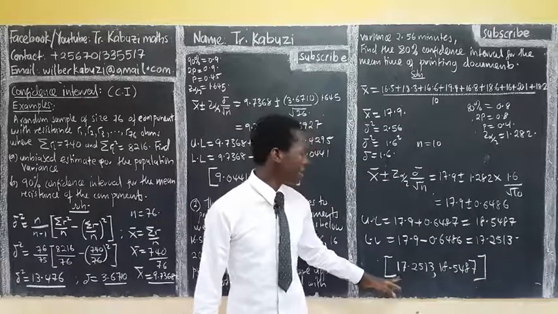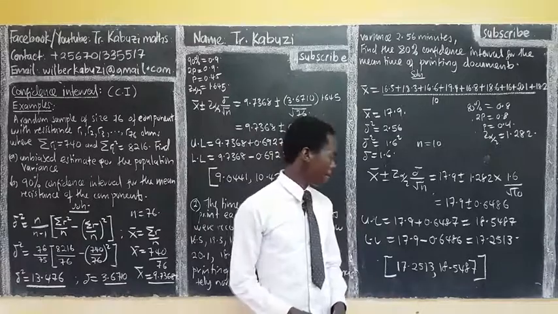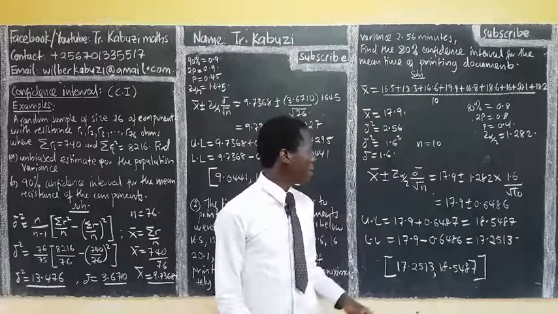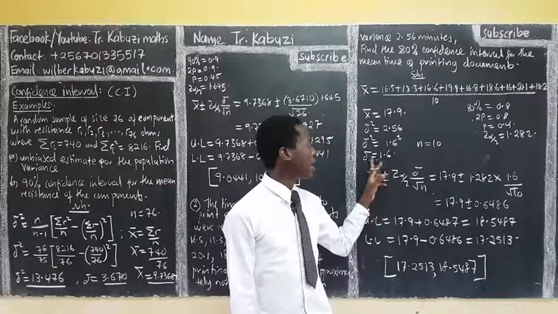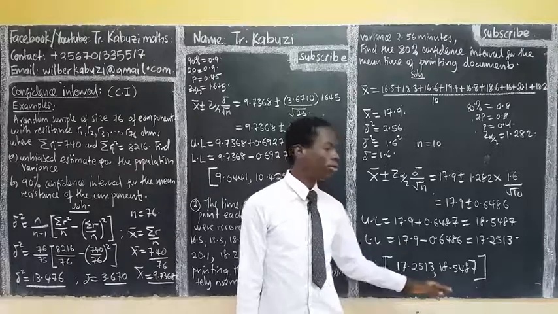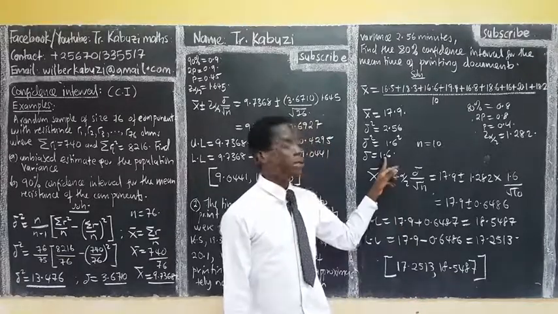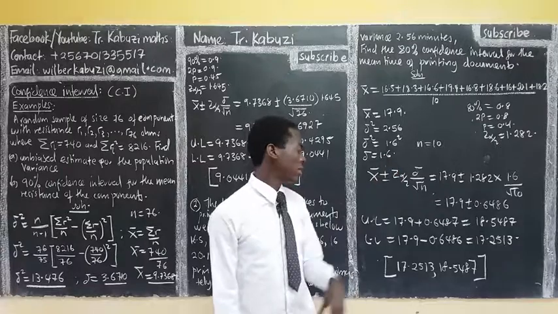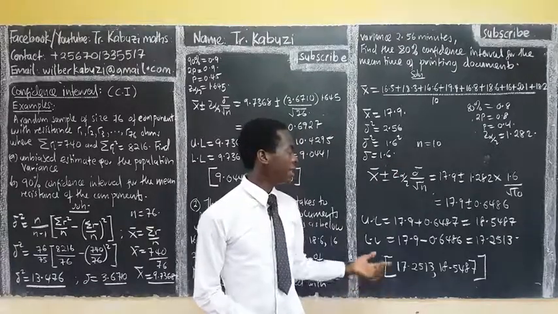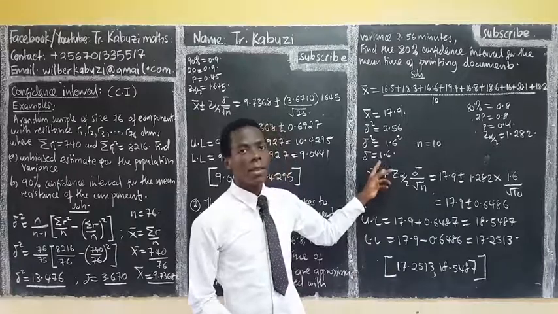Why do you think this interval is too small? I gave that answer already in the previous lesson. Whenever your standard deviation is small, the interval is going to be small. So it's from 17 to 18 because the standard deviation was so small. If they tell you to comment on the interval, say that the interval is small because the standard deviation affects it.